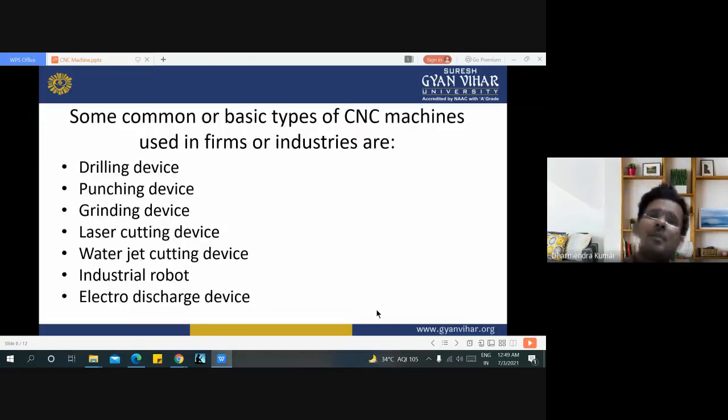Some common or basic types of CNC machines used in industries are drilling CNC, punching CNC, grinding CNC, laser cutting CNC, water jet cutting CNC, industrial robots, and electro discharge devices. Laser cutting CNC, water jet CNC, and electro discharge devices are apart from conventional machining, and this group we can put in the non-conventional machining processes.